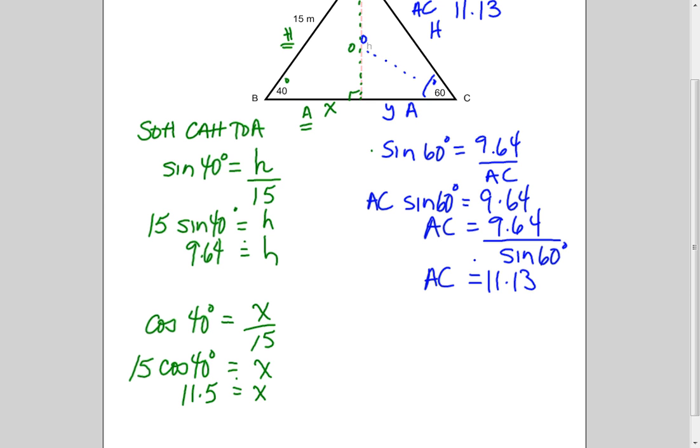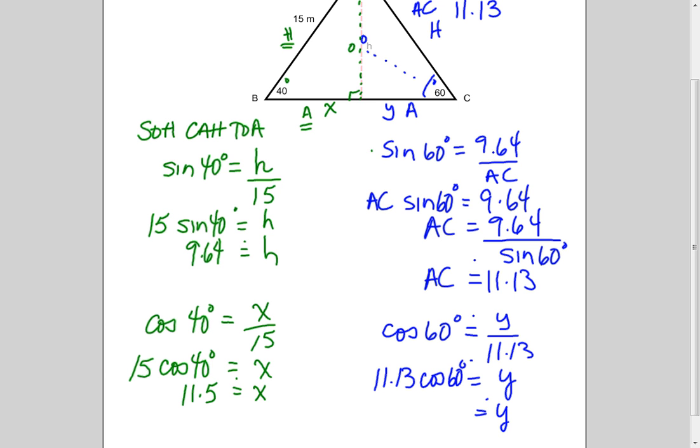On the right side, we can get the other section of that base by using the blue triangle, and I will use cos. You could use cos or tan, it doesn't matter. Cos of 60 degrees is adjacent over hypotenuse, which is the y value over the 11.13. Y is approximately 11.13 cos 60, and we get about 5.6.